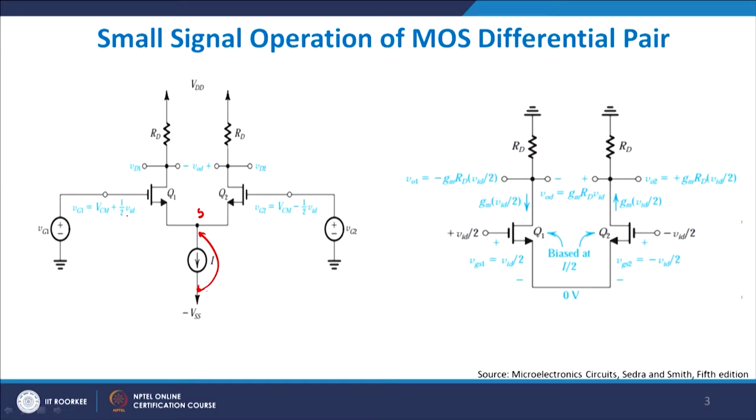This is again, as I discussed with you, a small signal model, right, and let us now put a differential input signal and see how it works out.